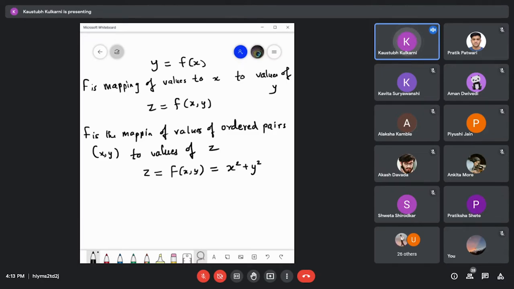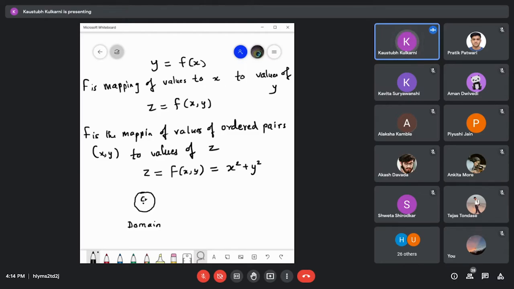The geometrical interpretation is, because it's a perfect circle, the domain is a circle.